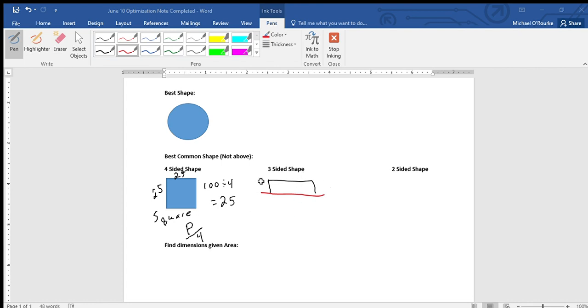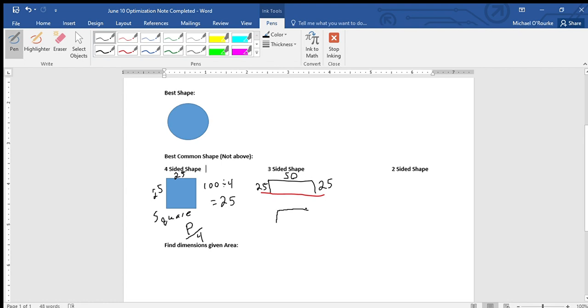So that's with a length of 25 and a width of 50. All right, let's go back here. So it turns out our best here is when this is 50, this is 25, this is 25.